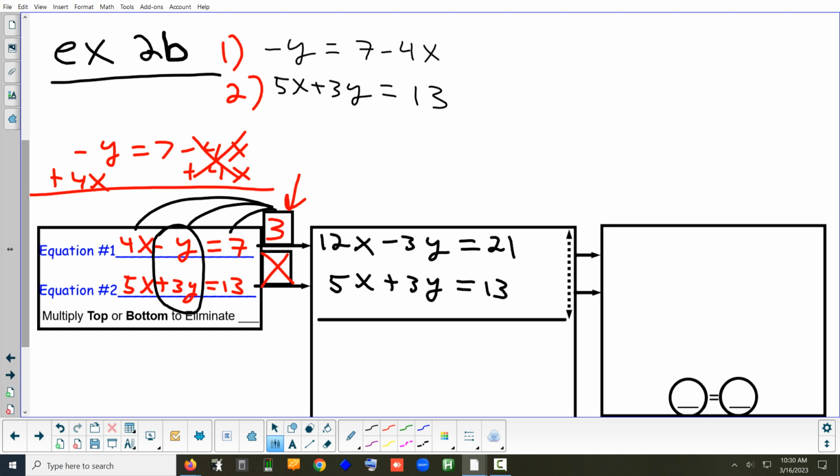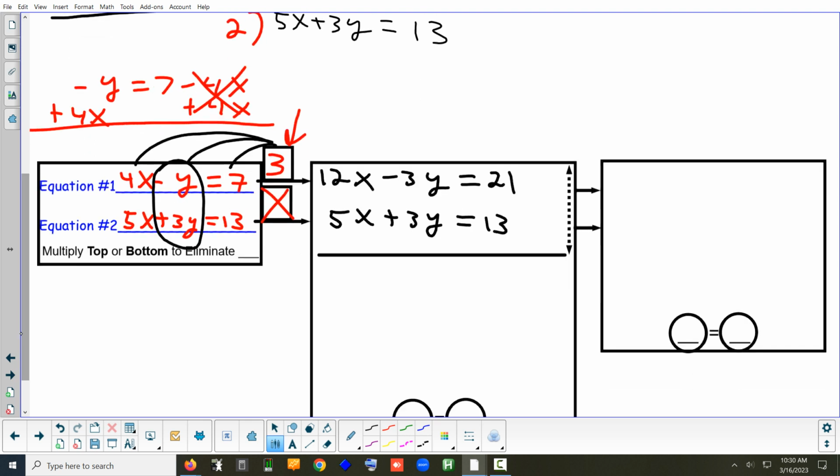Okay, let's add them up and see if we picked the right number to multiply by. What's 12x and 5x? So that's 17x. What's negative 3y and positive 3y? There we go.